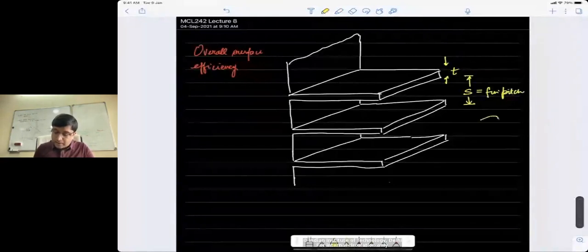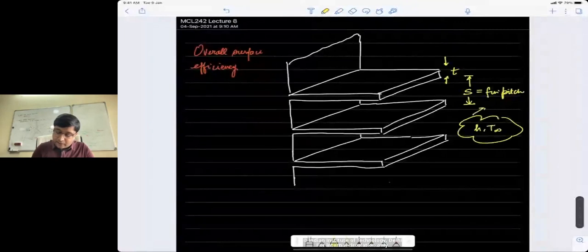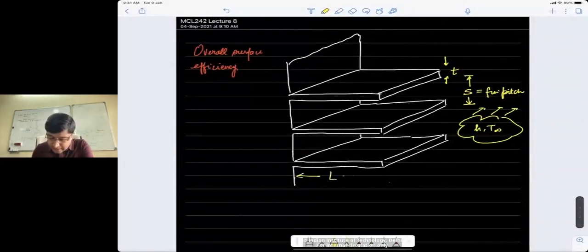As usual, they are surrounded by a fluid which is convecting heat away from this surface, and I'm going to assume that the temperature and the heat transfer coefficient are the same everywhere. We had other geometric features. For instance, we said L is the length, W is the width.